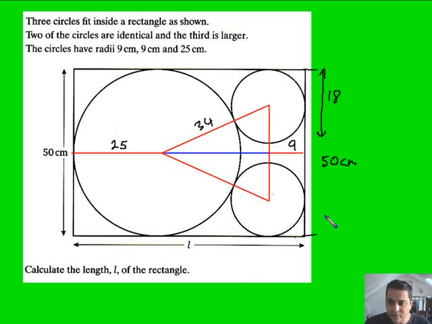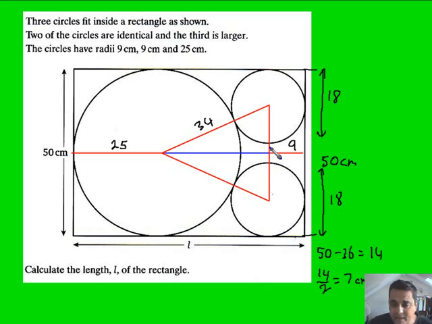I know the length from the bottom to the top of this circle here is another diameter, also 18. I know that 18 plus 18 is 36. I know that 50 take away 36 is, I can't do this one, 14. Is that alright? Therefore each little part must be 7 centimetres in length.